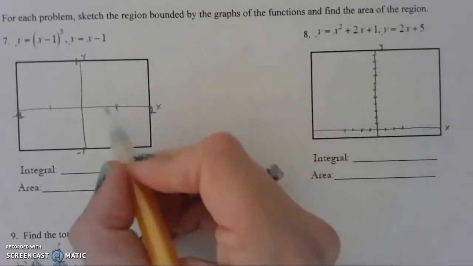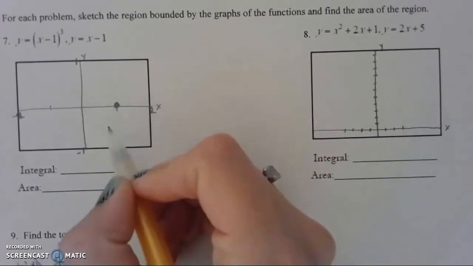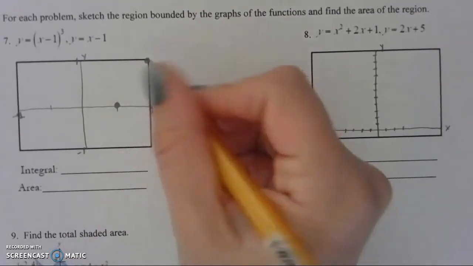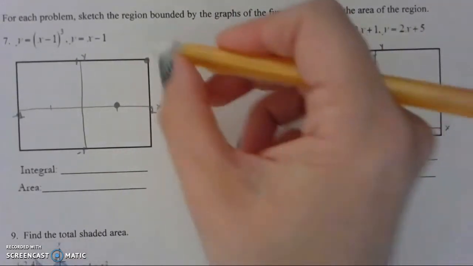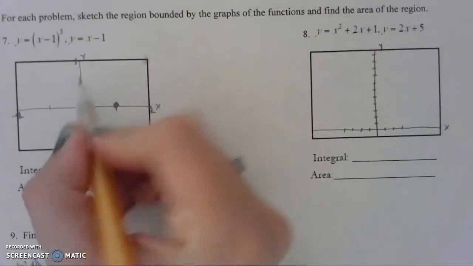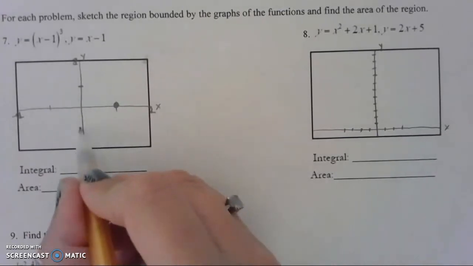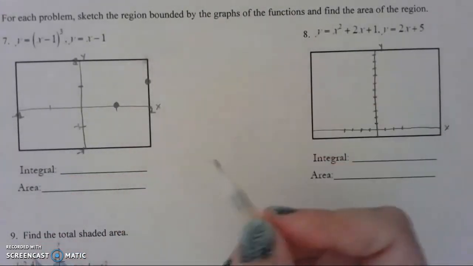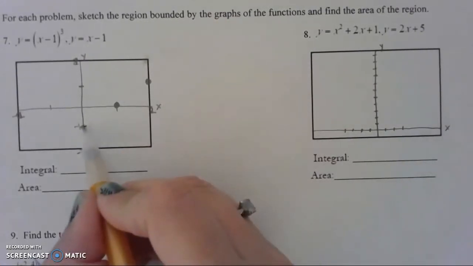It's going to go through here at 0, 1, and then it has a point up here at 2, 1. For the sake of keeping it scaled, let's call the 1 here, just to keep it a little more scaled for you. And then also here.